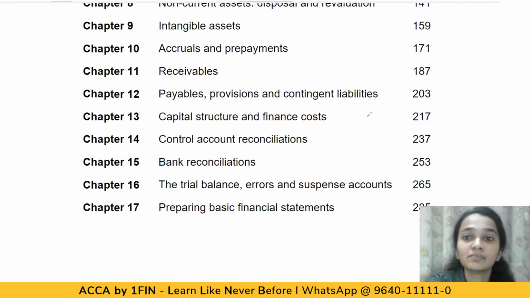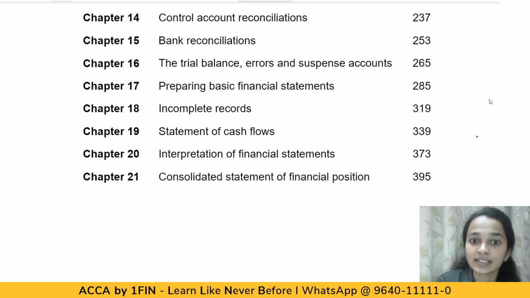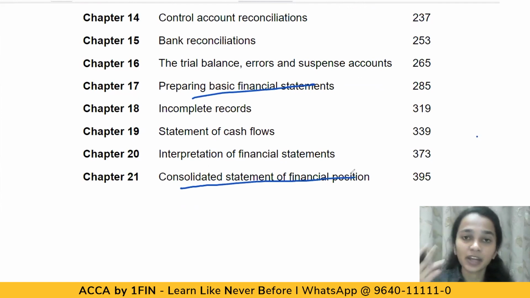The main and most important topic of financial accounting would be the questions which are asked as multitask questions, which are based on preparation of basic financial statements and consolidated financial statements. There are two types of questions which are asked in your examinations, which we will look at in some time.